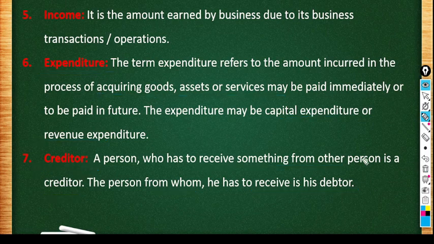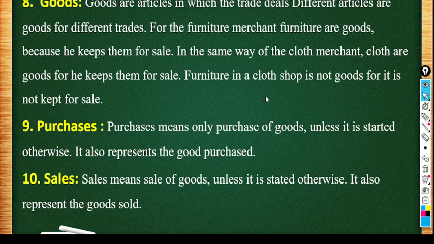The next one, goods. Goods are the articles in which a trade deals; different trades deal in different goods. So goods are the articles in which a business is dealing.